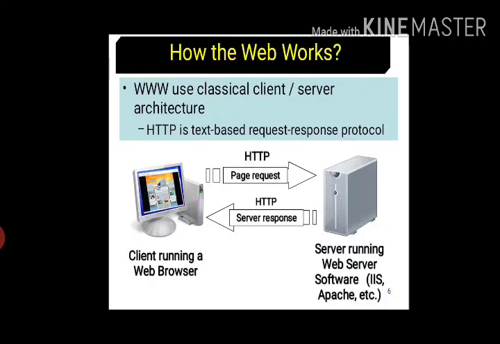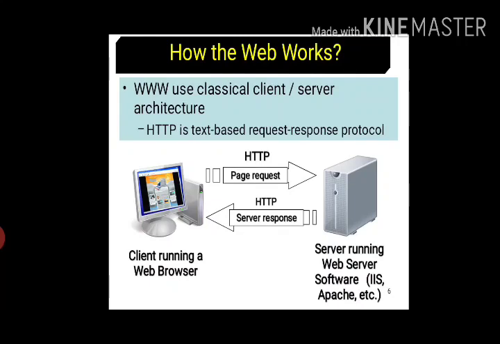How does a website work? A client, that is our system. We are all using websites through web browsers like Google Chrome, Mozilla Firefox, Safari, Edge, Internet Explorer. These are the different types of web browsers. We request a page through a web browser, for example www.gmail.com, by typing in our web browser's address bar.